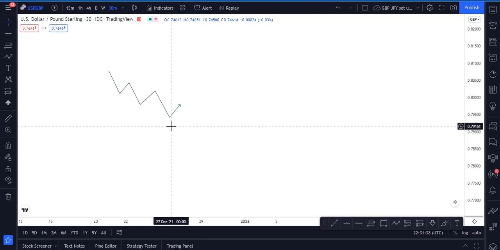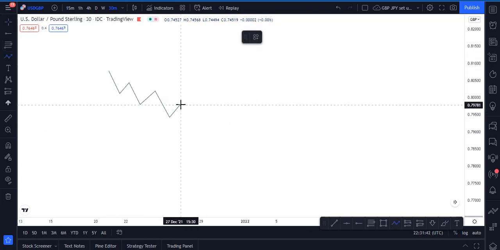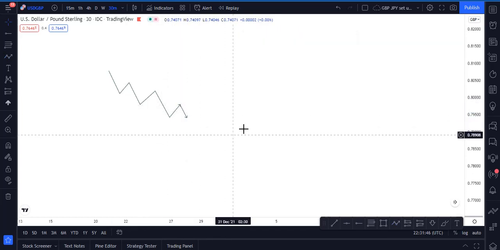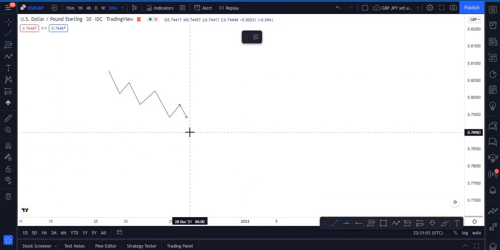Then the next thing you want to do is this. Let's say price gave us another down move. What you want to do is set two different pending orders.